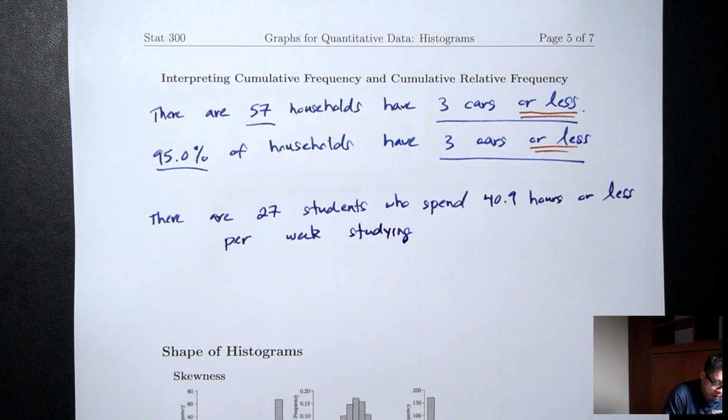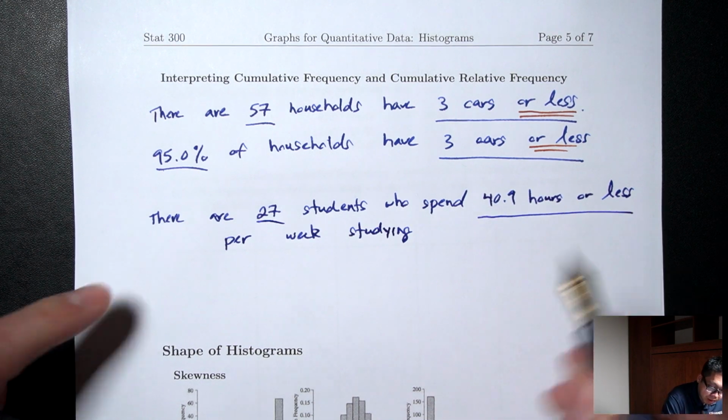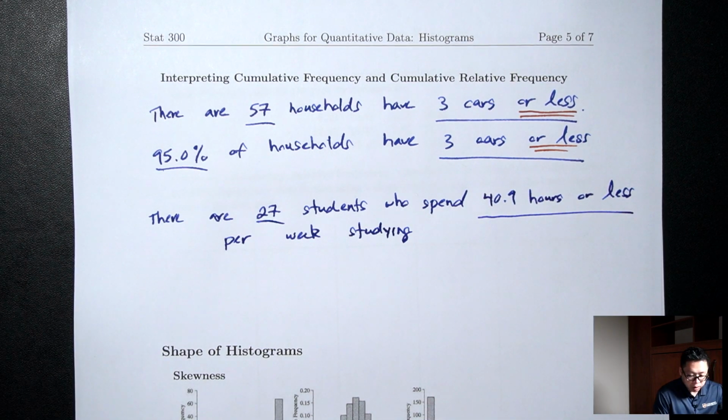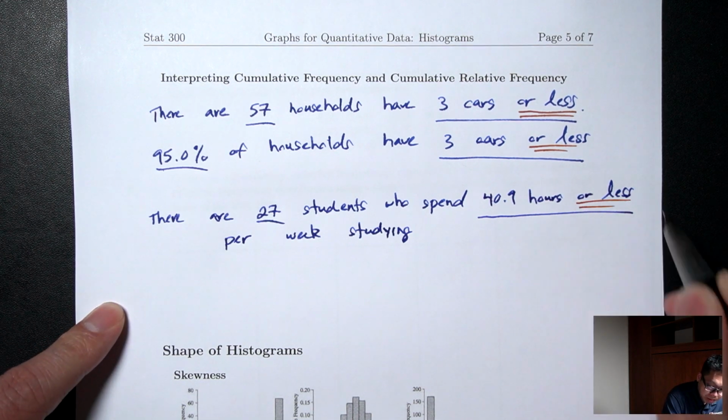Okay, so I'm looking for the 27 and then this phrase, 40.9 hours or less. Anytime you're interpreting something that has the word cumulative, you always have to throw in the "or less" phrase.